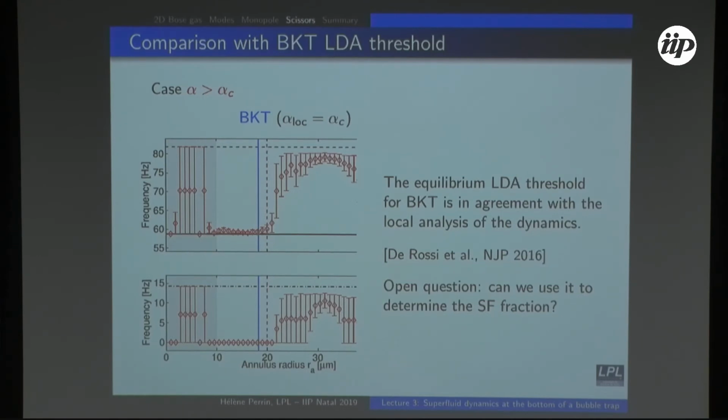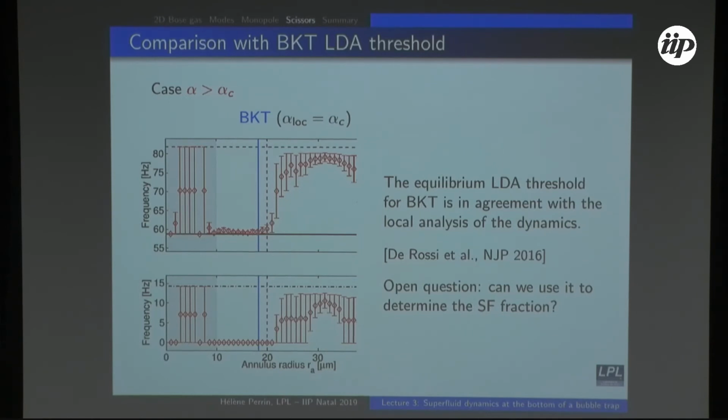And then you can take into account the transverse direction, and this is done by Holzmann and Krauth. And if you take all the elements of the theory into account, you can make a good estimate of where you expect BKT to occur. So this gives us hints on where the superfluid to thermal transition occurs.